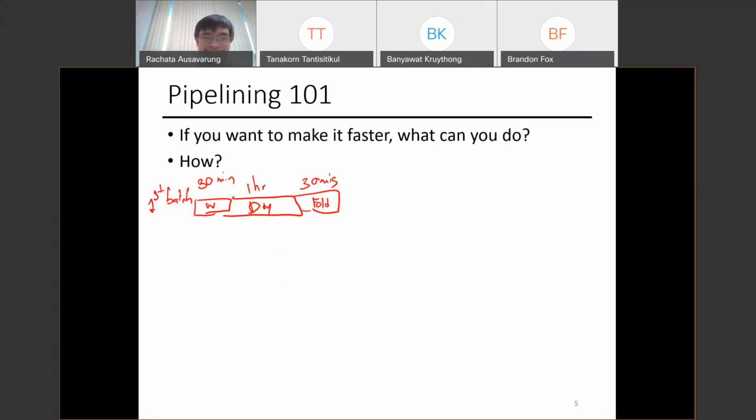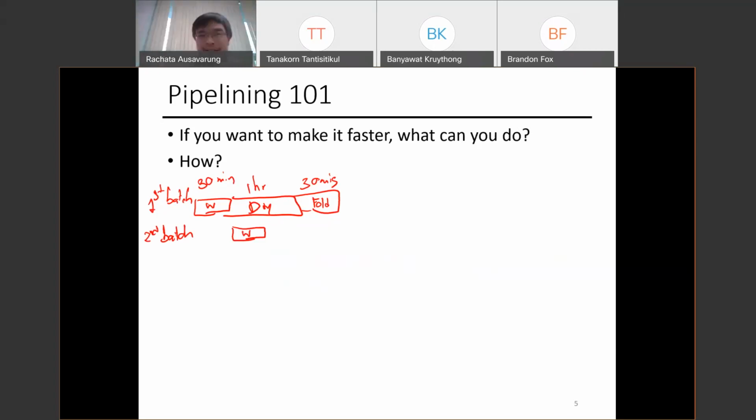When is the earliest that my washing machine becomes free? After 30 minutes, right? So basically for our second batch, you can actually start washing right here, right?